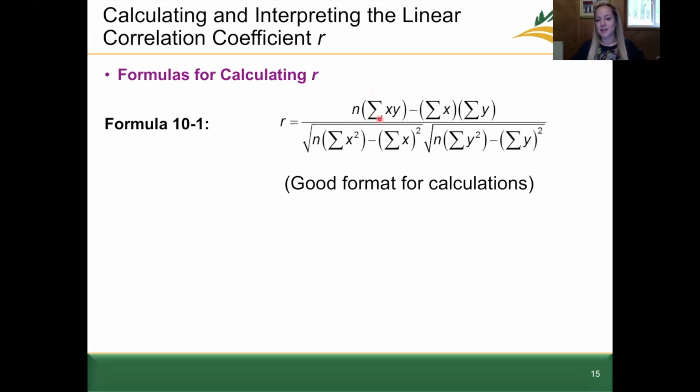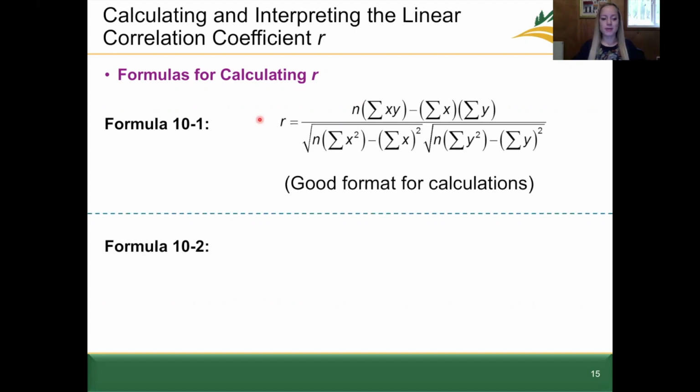Then we need our values for x and our values for y. With different variations of how we use our x data and our y data, we can put all this together to then calculate a value for R, our linear correlation coefficient. So that's formula 10.1. We'll practice using it.